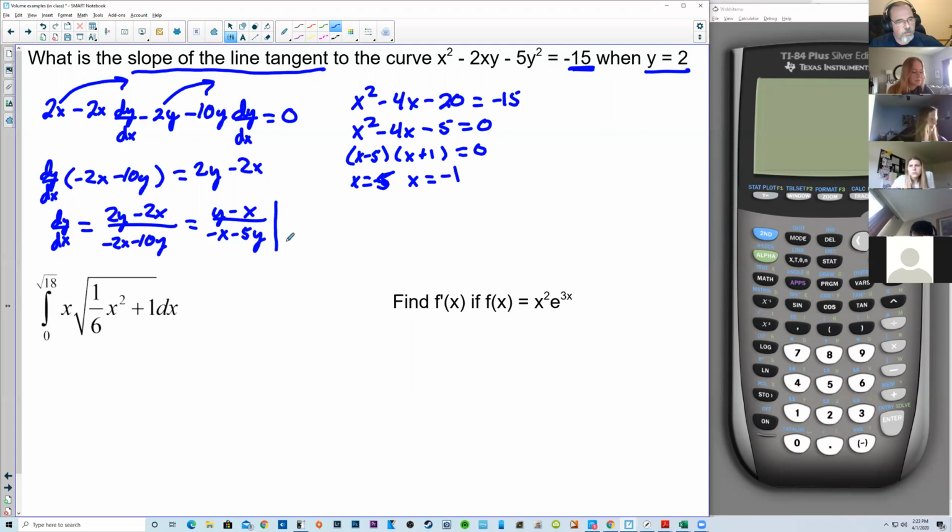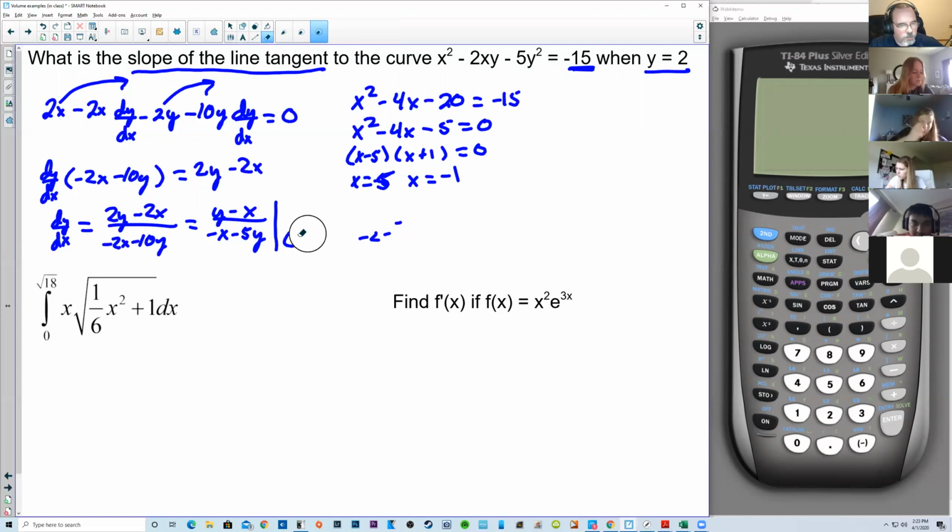So let's evaluate this at the point 2, 5. Oh, no, I switched those, didn't I?